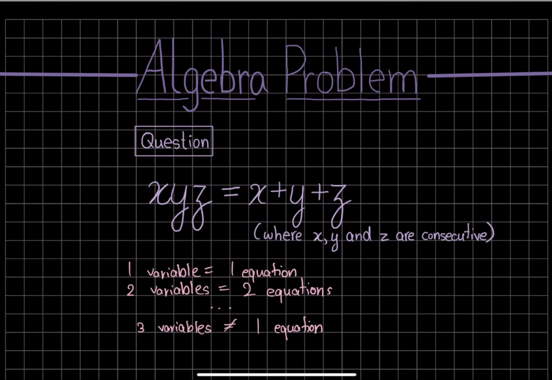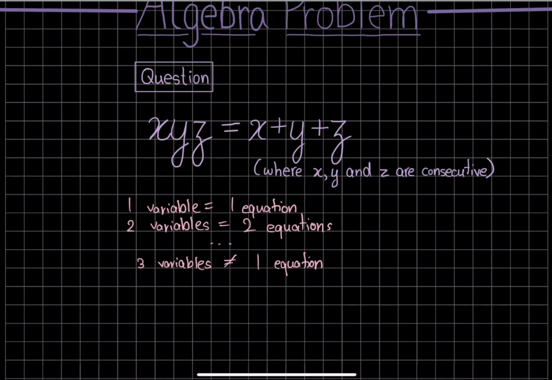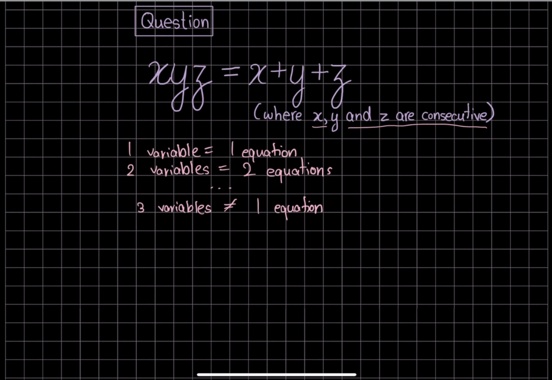Well, the information that we have is that x, y, and z are consecutive. And we're going to be making the best out of it by using that in our answer. So instead of trying to make 3 other equations, we're going to convert this one equation with 3 variables into one equation with 1 variable.